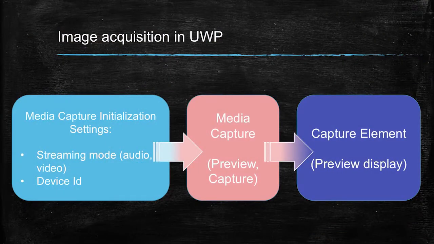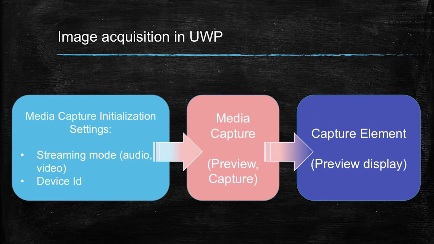Going into more detail about image acquisition, since I have the single core, I can do it the same way on any platform supported by Windows 10. There is a media capture class, which I need to initialize by saying what the streaming mode is.